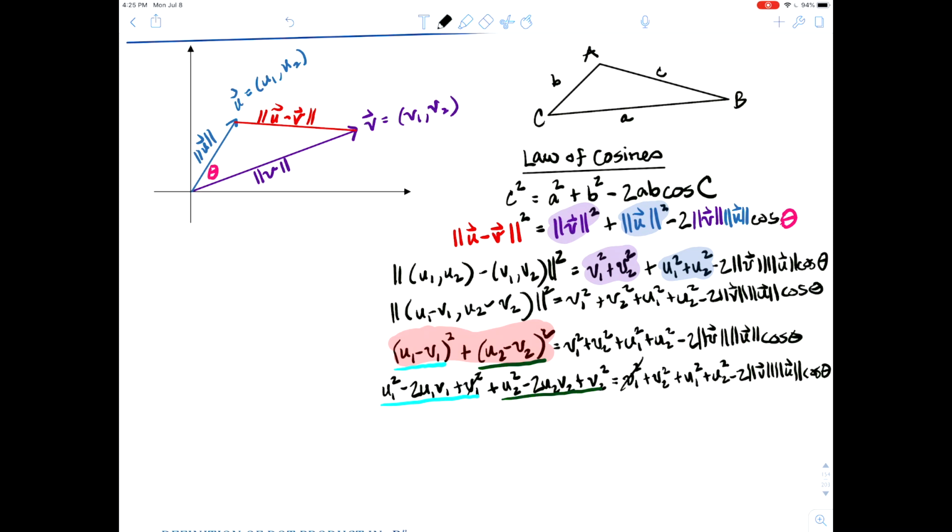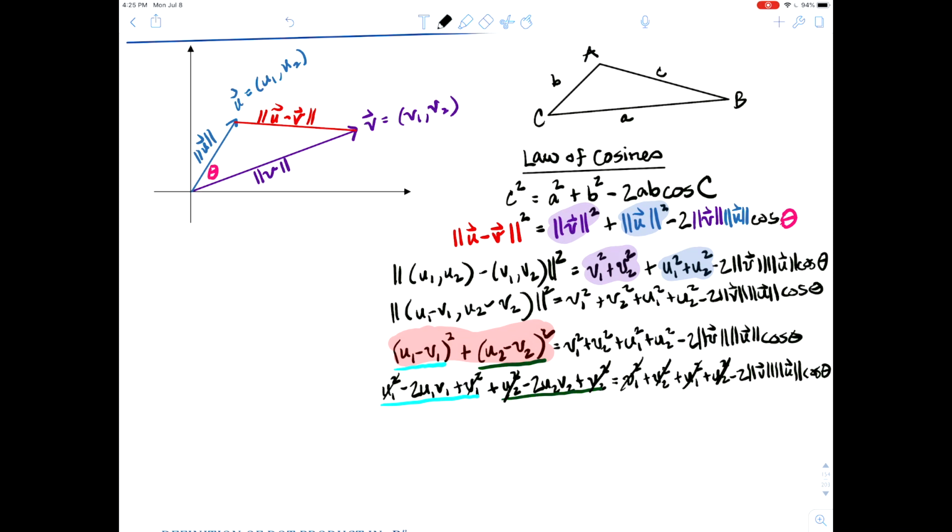We have a u1 squared on either side, so those zero out. We have a u2 squared on either side, so those zero out, and the v2 squared on either side zeroes out. So that's a lot nicer, isn't it?